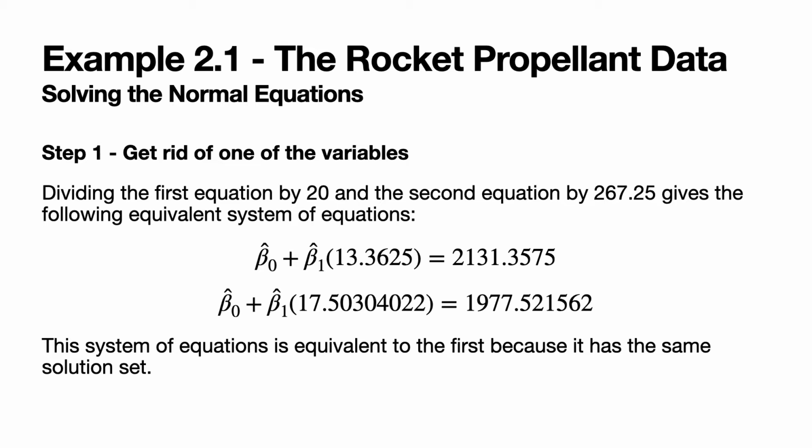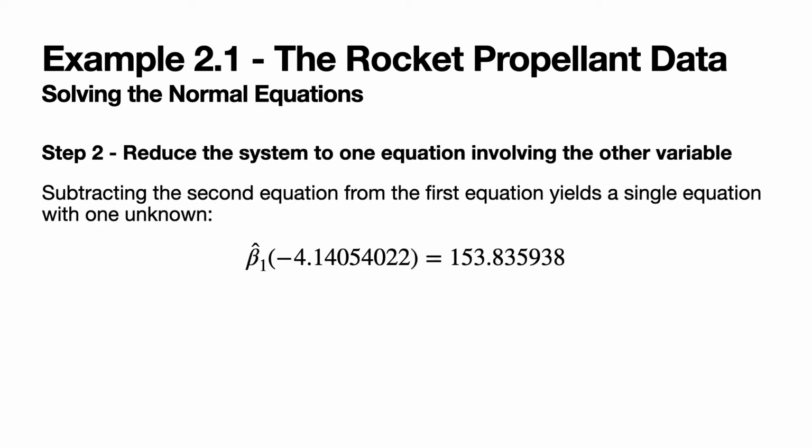Now notice that by dividing equation 1 by 20 and the second equation by 267.25, the two equations now have beta 0 with a coefficient of 1 in both equations. The second step is to reduce the system to one equation involving the other variable.